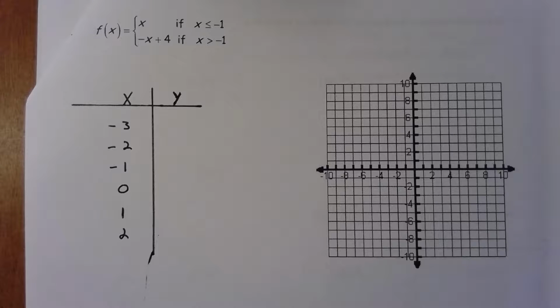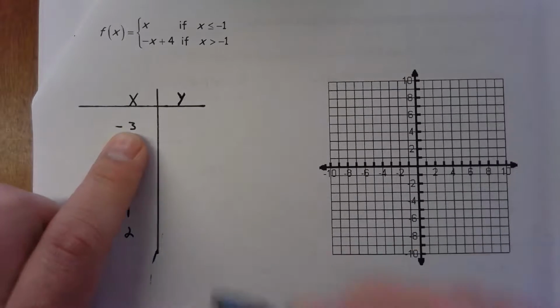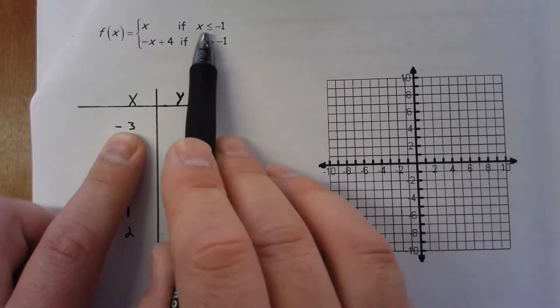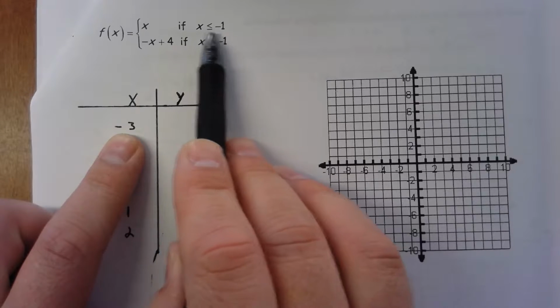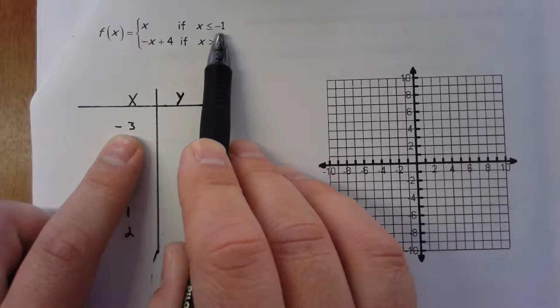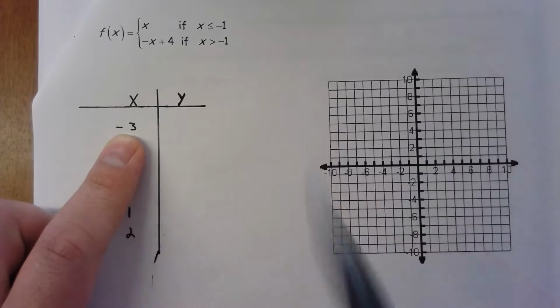And now how do I get my y values? You substitute them in. Good. Alright. So I'm going to go here with -3, and I'm going to substitute it in here. Is -3 less than or equal to -1? Yes.